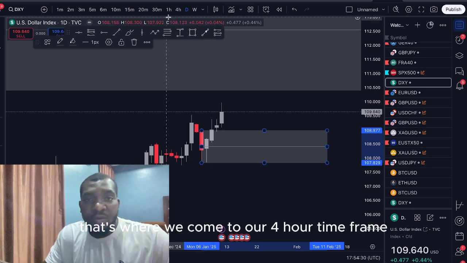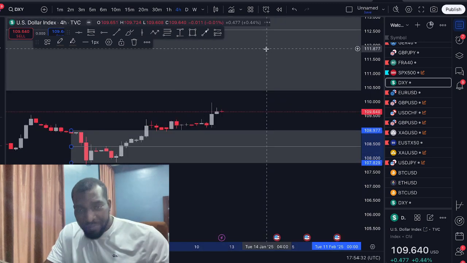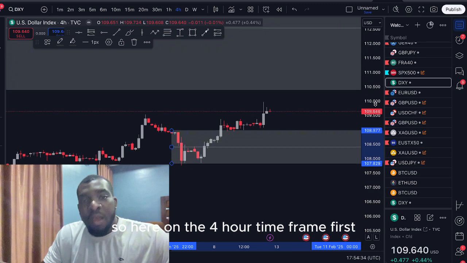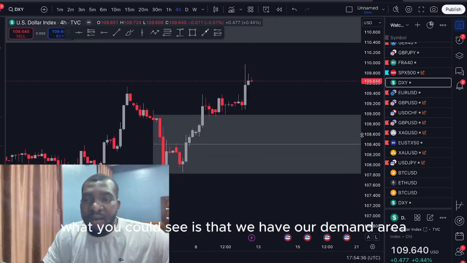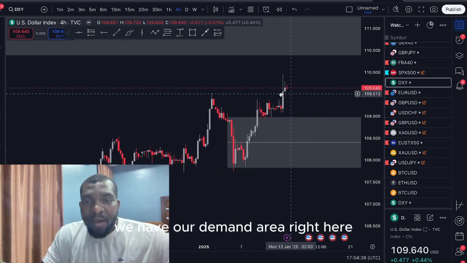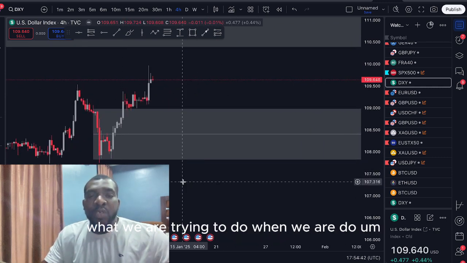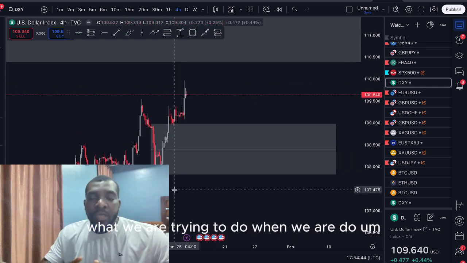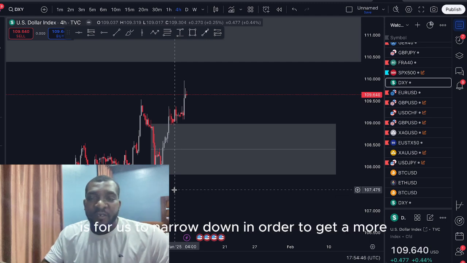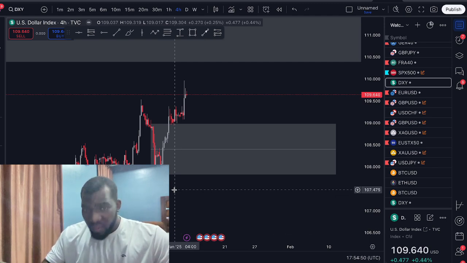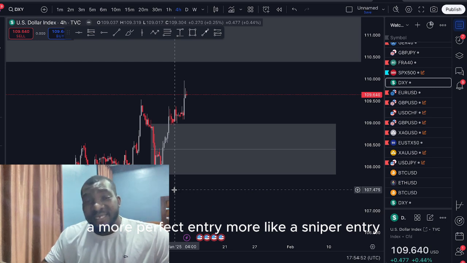That's where we come to our 4 hour time frame. So here on the 4 hour time frame, first what you could see is that we have our demand area right here. And since we have our demand area, what we are trying to do when we are doing a top-down analysis is to narrow down in order to get a more perfect entry, more like a sniper entry.